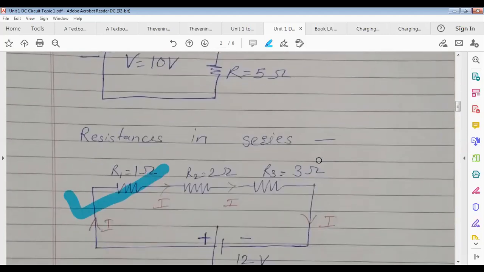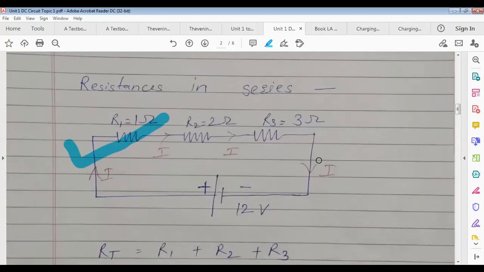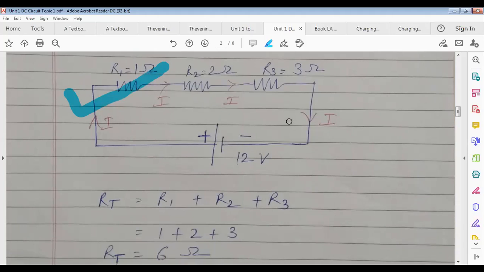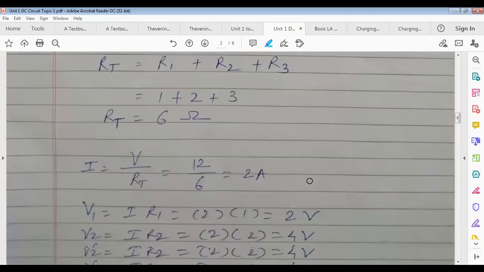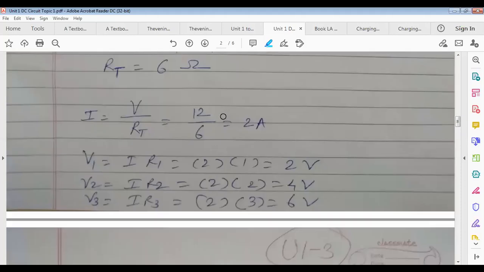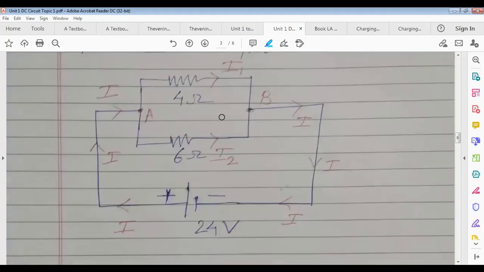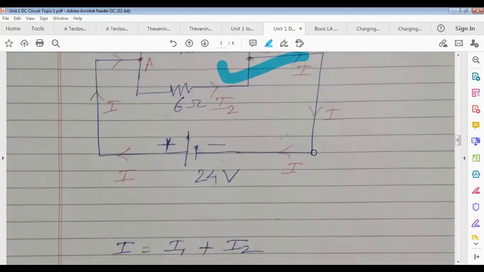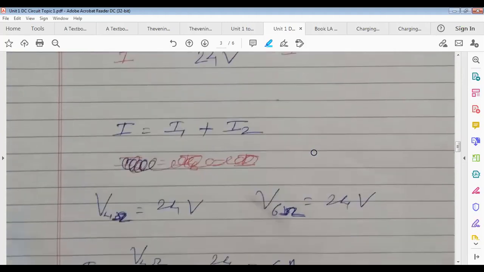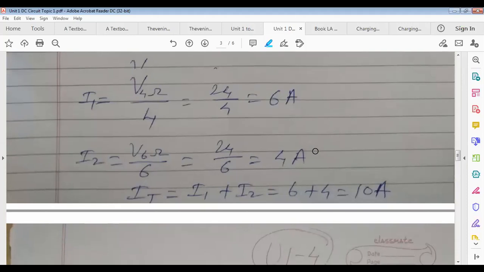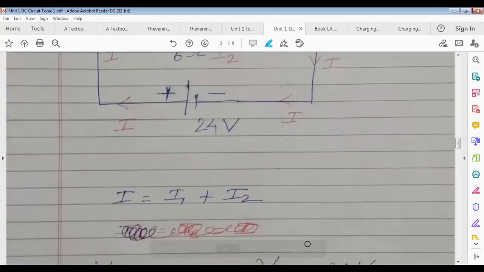And you will be asked to calculate the total equivalent resistance, current flowing through each resistance, voltage drop across each resistance. All of you can do that now, because we have taken series resistances: total equivalent resistance, total current, voltage drop across each. Same for parallel also. Current flowing through each, voltage drop across each, total equivalent resistance. So 1 mark. Got it?